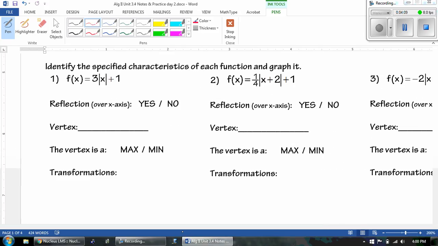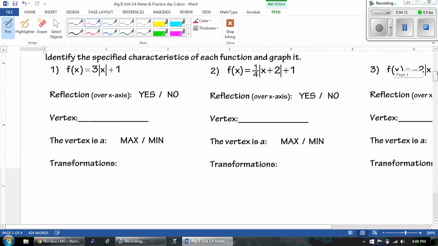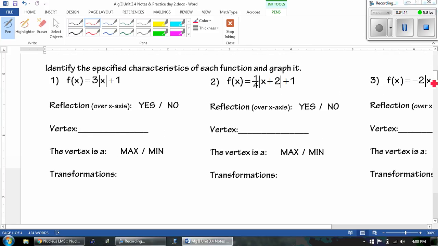And we're going to see that as we move on. So number 1 is saying identify the specified characteristics of each function and graph it. Now, for number 1, we have 3 times the absolute value of x plus 1. The first thing I notice is that there is no reflection.